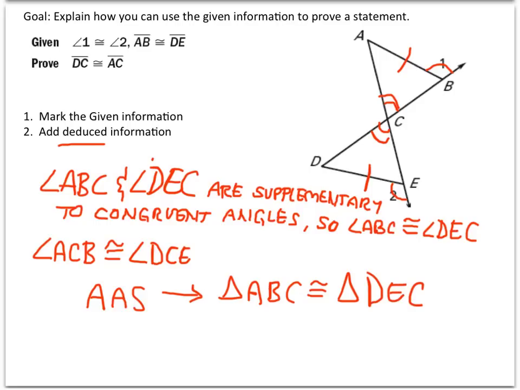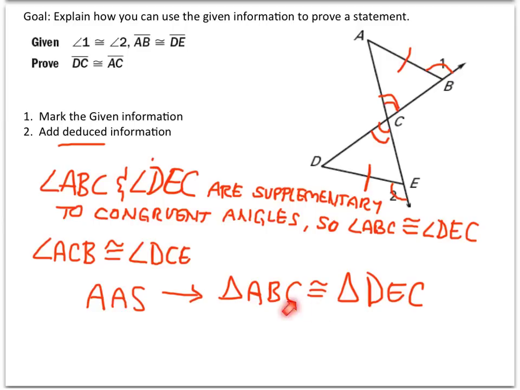Now, this is all information that you've seen in the past, this whole method of showing how these things are congruent. But what the question asked for here was to prove that these 2 segments, or 2 sides of the triangles, were congruent. We haven't exactly shown that yet.